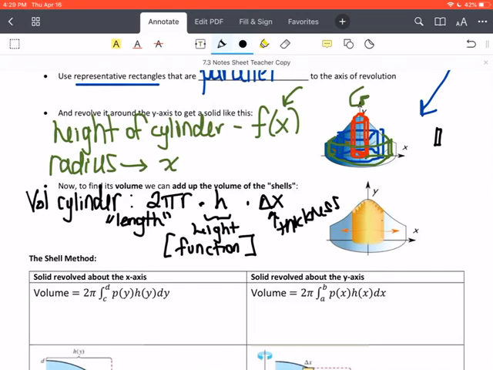But we know that in calculus, the goal is to approach infinity. So we are thinking about dividing this solid into infinitely many shells. If we're going to divide into infinitely many shells, then our thickness, our delta x, has to approach 0.